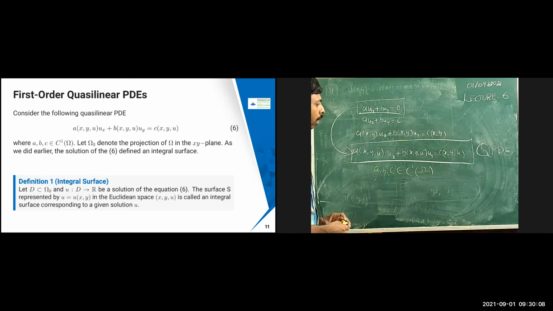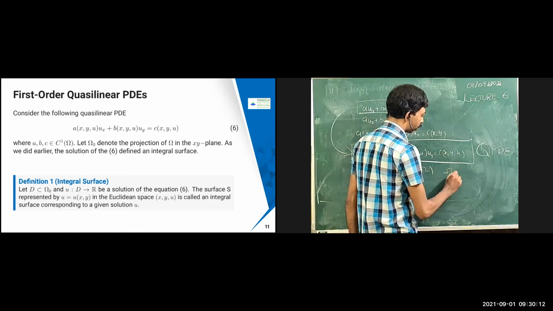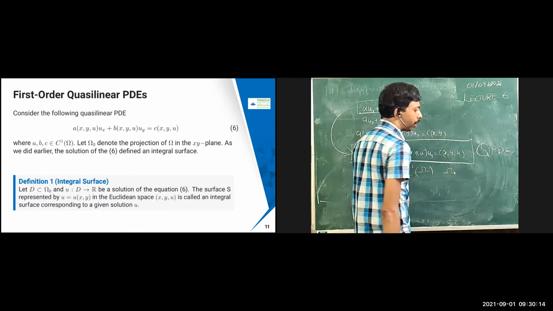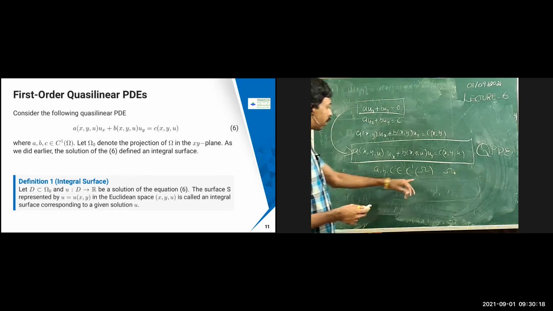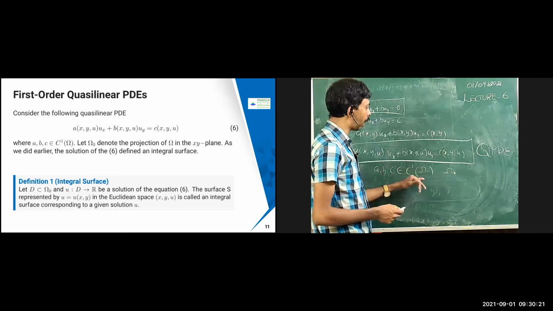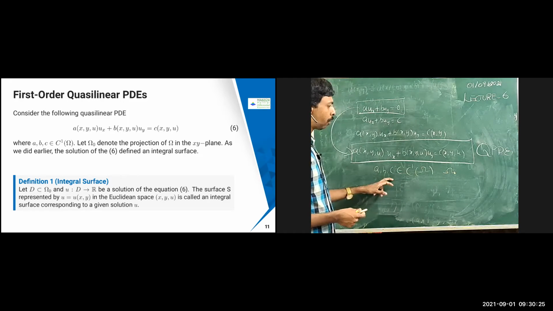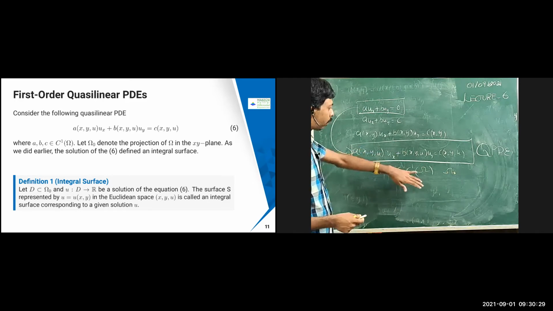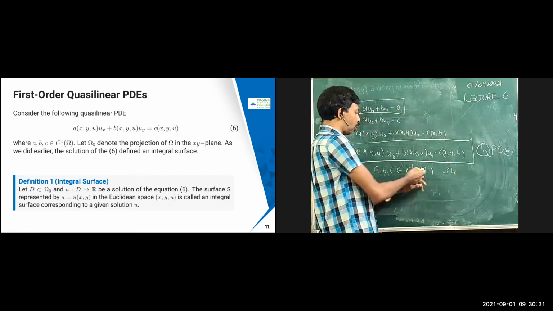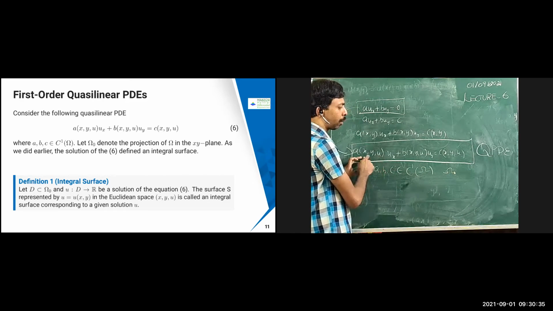Now let us denote omega naught, which is the projection of omega in the xy plane. Omega is the domain for a, b, c, because a is a function of x, y, u. Okay, x, y, u is there.